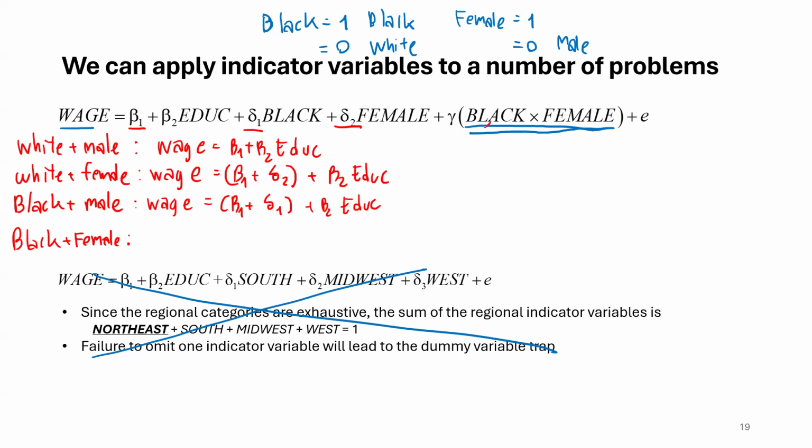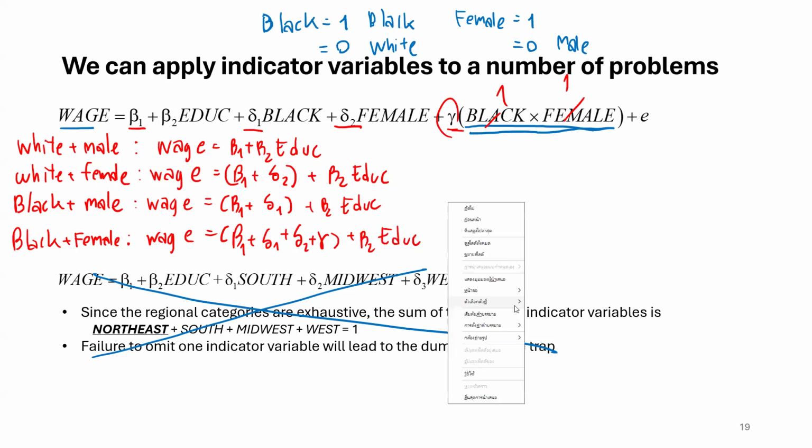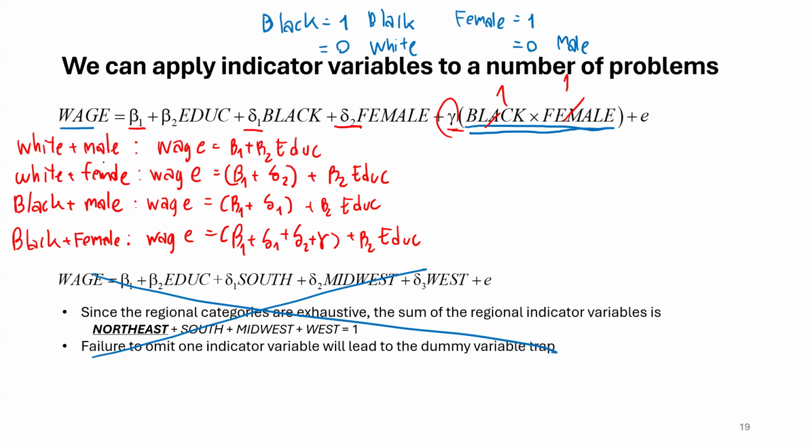Now every term is one, so the interaction exists. The wage equals beta one plus rho one plus rho two plus gamma. So using only dummy variables, you can estimate every type of salary.